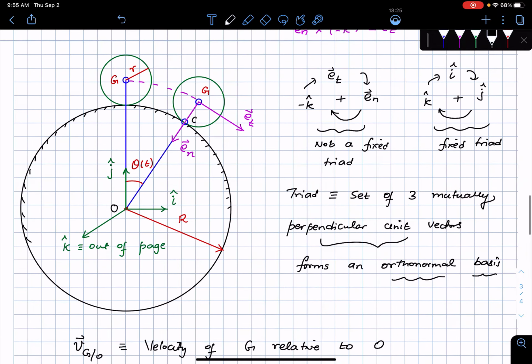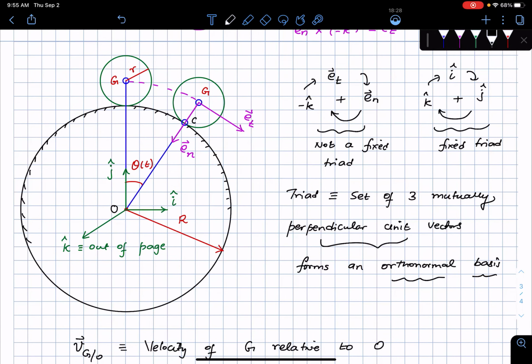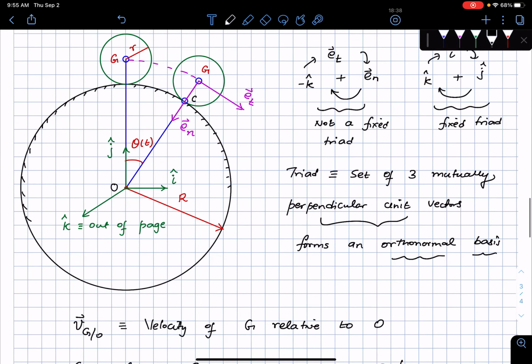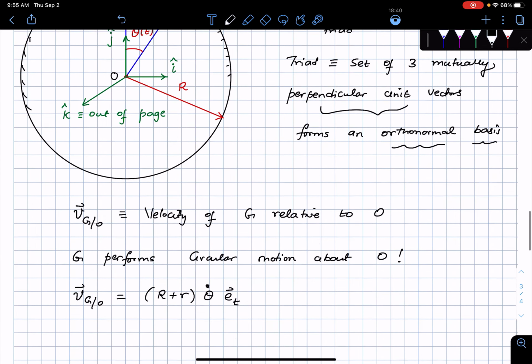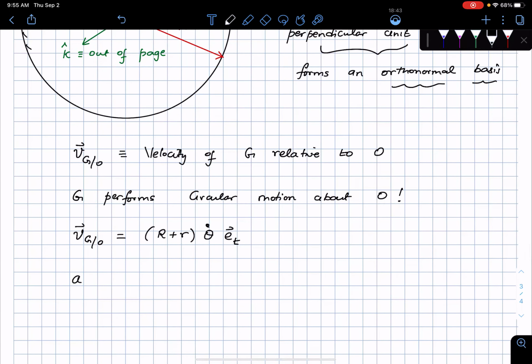Once again, you look at the track, you look at the center of mass, it's rotating along a circular path. The radius of that path is little r plus capital R, and obviously the rate of change of the angle is theta dot, and so this is the velocity of the center of mass. I can also write the acceleration of the center of mass. So this is the velocity, I just want to underline this.